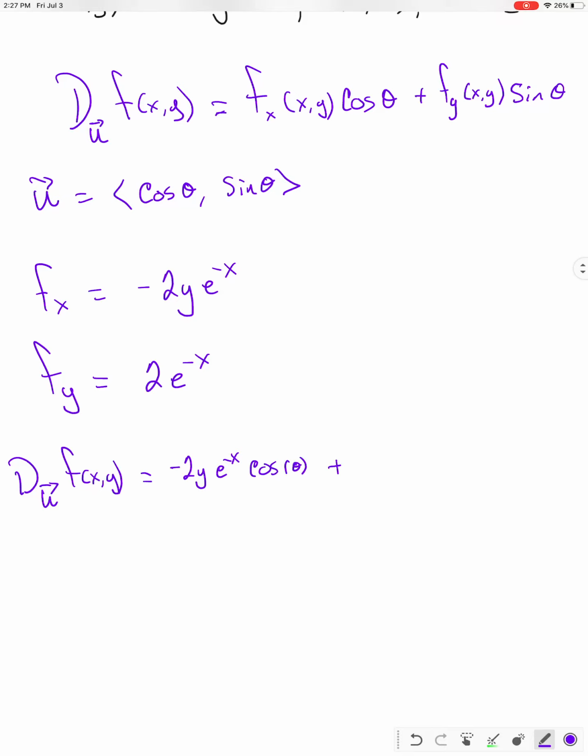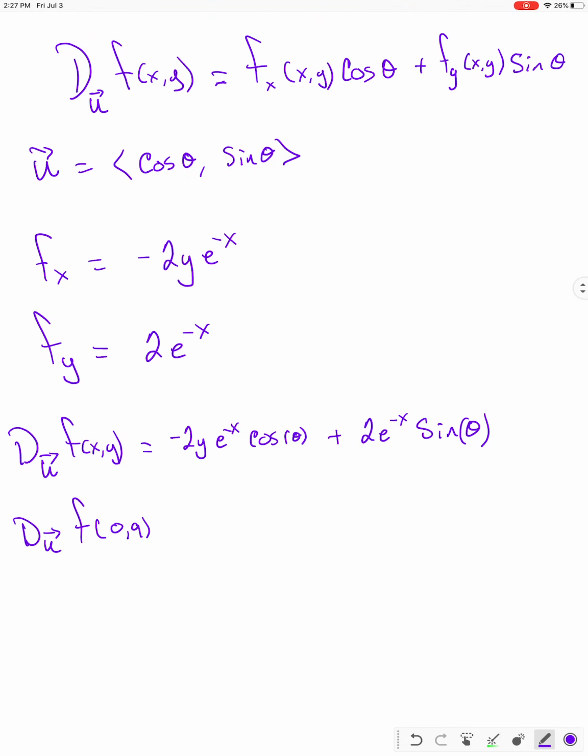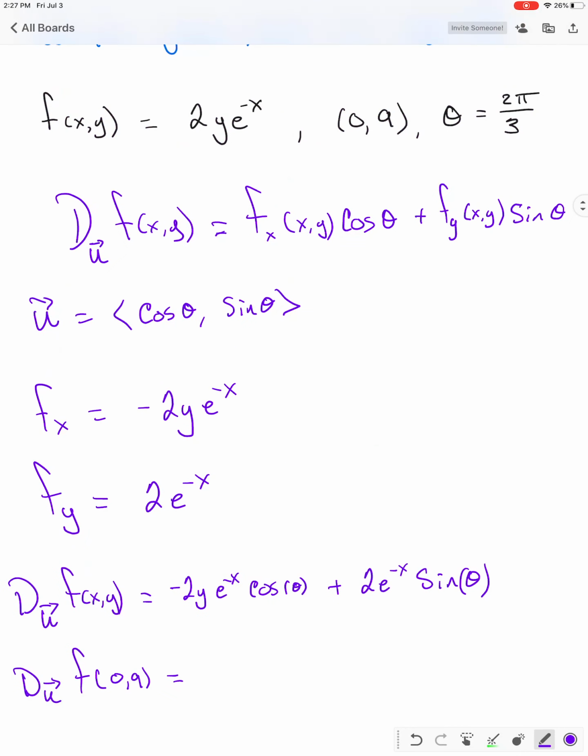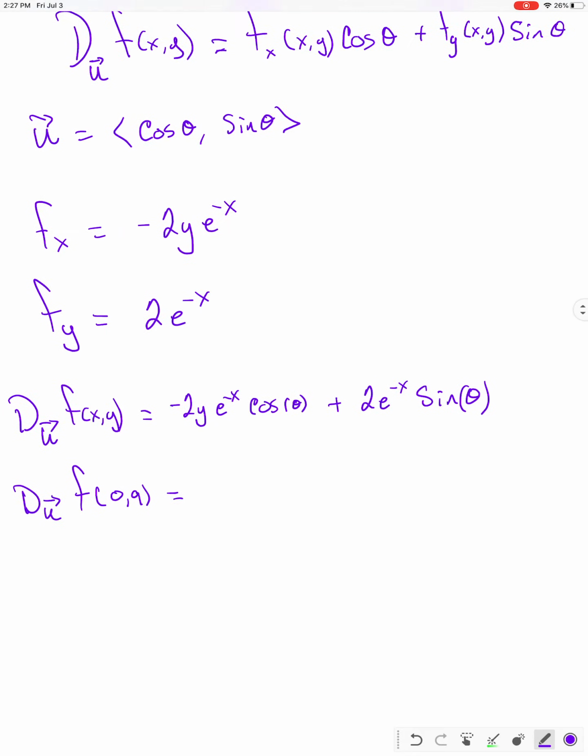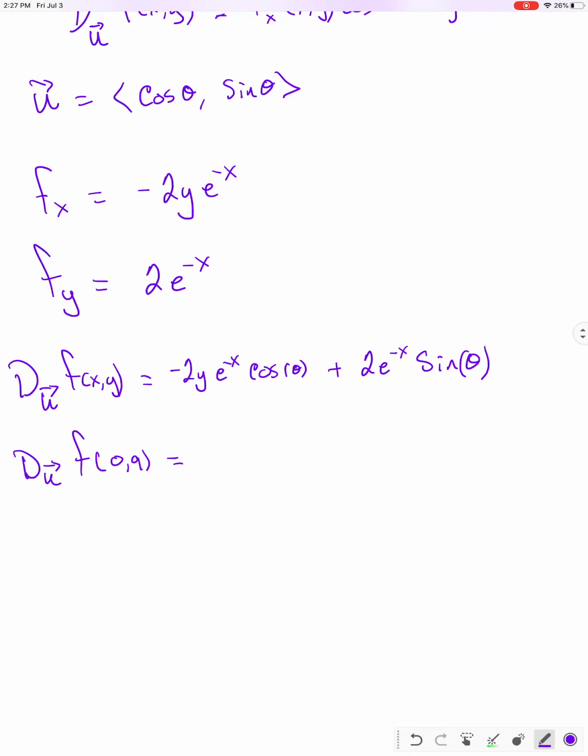And then I add that to the partial derivative of f with respect to y, so 2e to the minus x times sine of theta. Okay, and then specifically with this point (0, 9), and at this direction 2 pi over 3, we'll plug those values in.